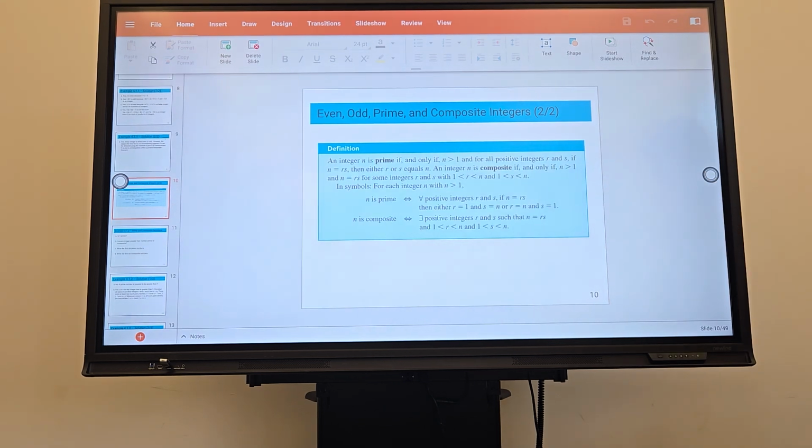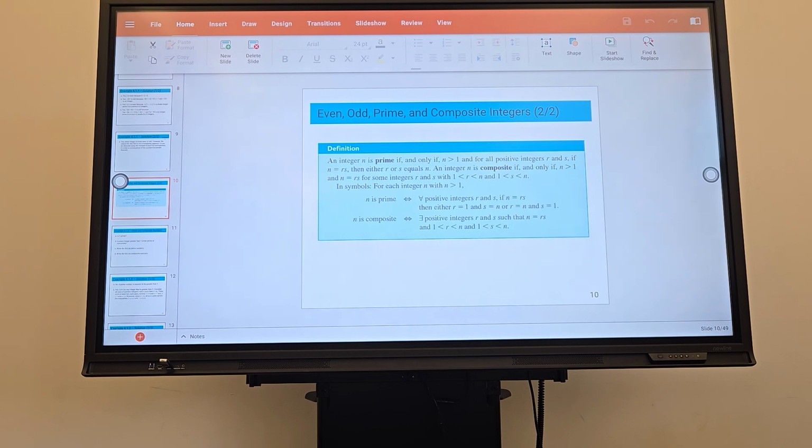An integer is prime if and only if the number is greater than 1, and for all positive integers r and s, if n equals rs, then either r or s equals n.